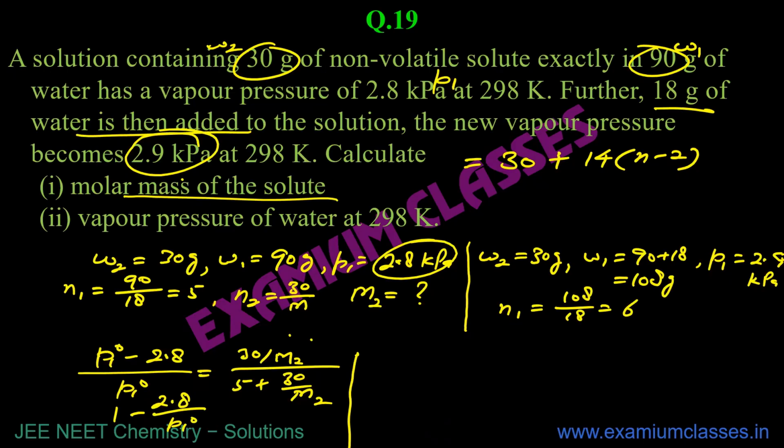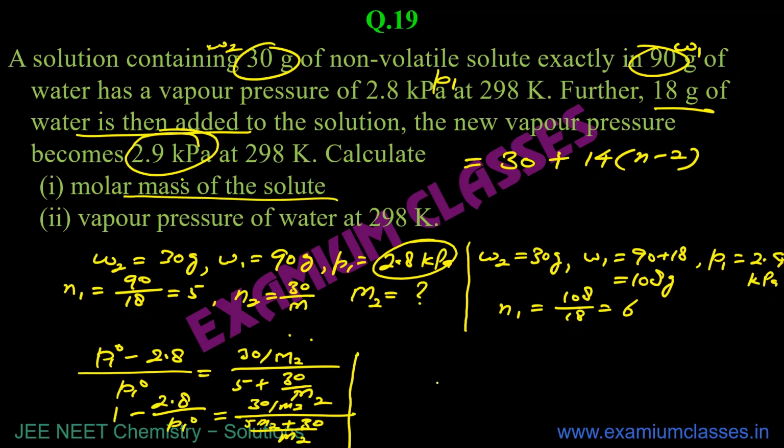So what you will do, you will write it like equals to 30 by M2 divided by, you have taken M2 as LCM, so it will be 5 M2 plus 30. Is that clear up to here?